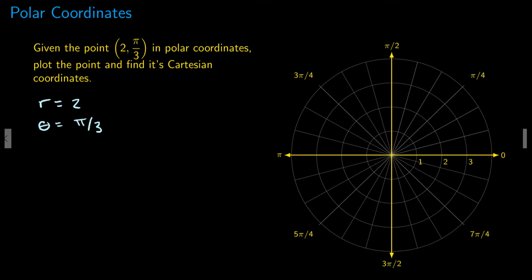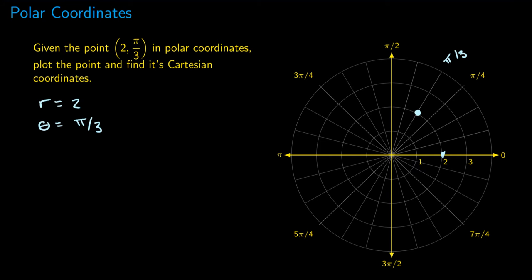So just like when we plot in Cartesian coordinates, we're going to plot, but this time we're in polar, so we're looking at radii and angles. So I'm on the r equals 2 radius, which means I'm somewhere over here, and I need to go up to theta equals pi over 3, which ends up being this tick mark here. So I move up to pi over 3, and that would be my point in polar coordinates.